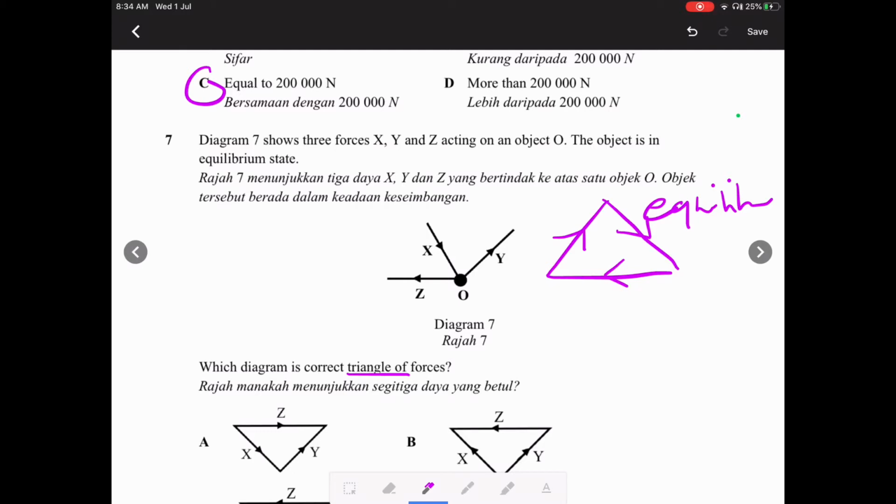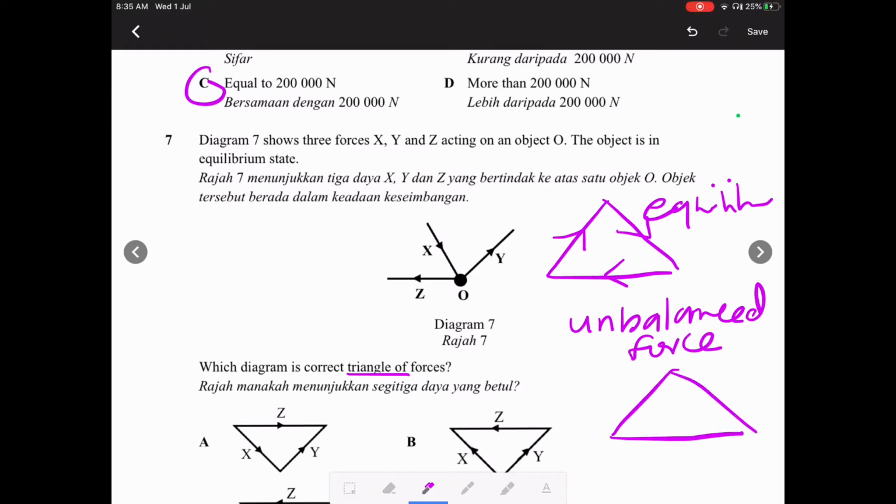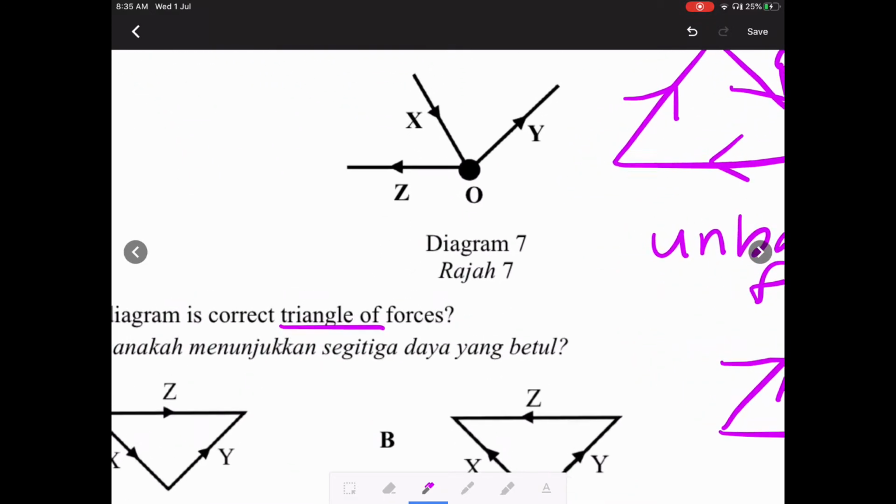Kalau dia bukan dalam equilibrium forces, maksudnya dia unbalanced force, maka dia punya anak panah mesti menuju kepada satu titik. Contoh anak panah yang ini, anak panah yang ini. So, anak panah satu lagi mesti menuju ke titik yang ini. Ini unbalanced force.